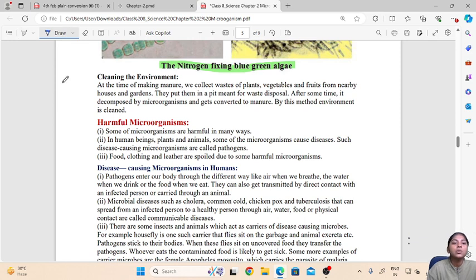So here also the microorganisms help us decompose the waste, and that is how the environment will be kept clean and hygienic, and it gets converted into manure. We have already learnt how the microorganisms decompose the organic waste into manure, and by this method the environment is also clean.